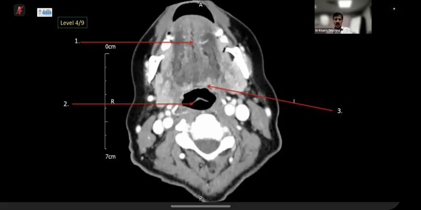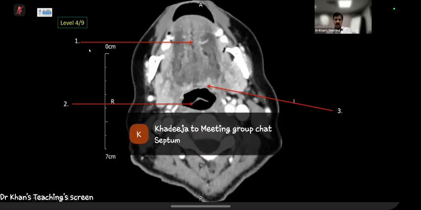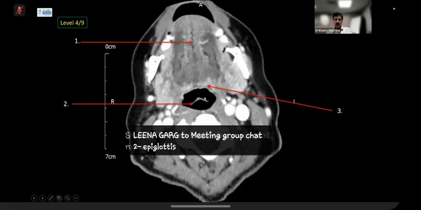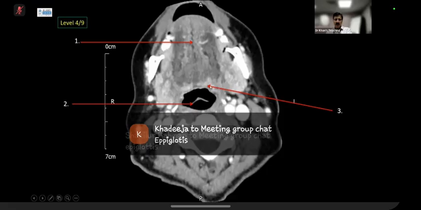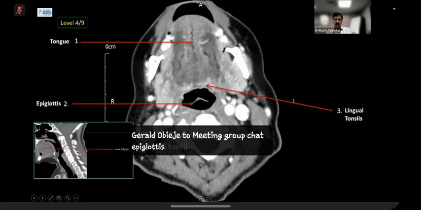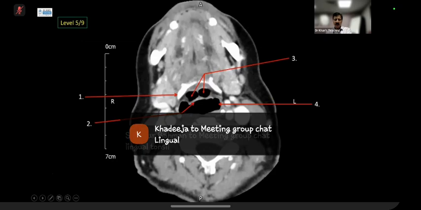Level 4. What is number 1? Tongue. Okay. What is this, number 2? Epiglottis. And what is this, high density posterior to the tongue? Excellent. So lingual tonsil, tongue, and epiglottis. Next level. What is number 1?